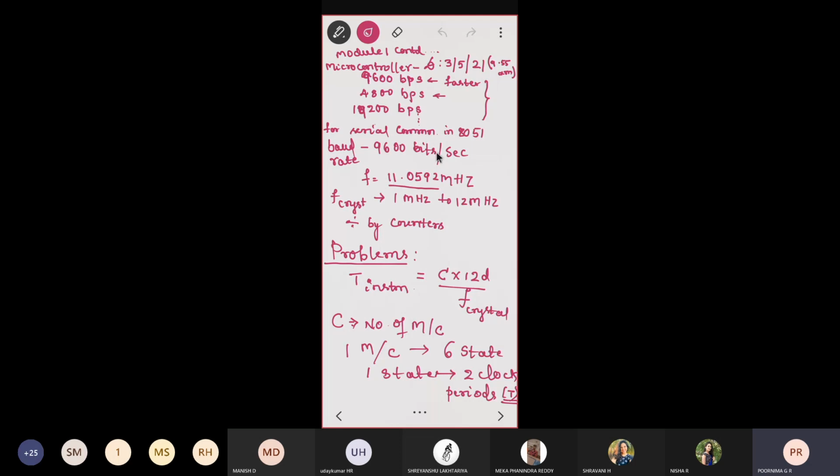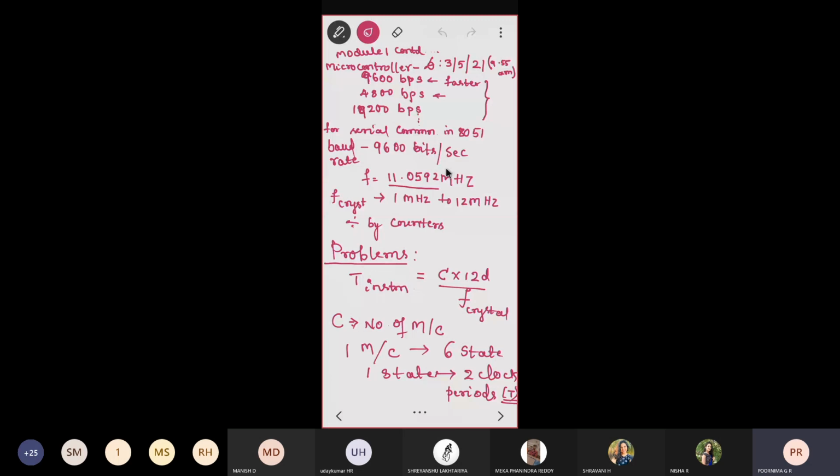In any of the baud rates, the number of bits is transmitted per second. To compute the frequency, we use the one generated by the crystal, which inside is divided by n counters.